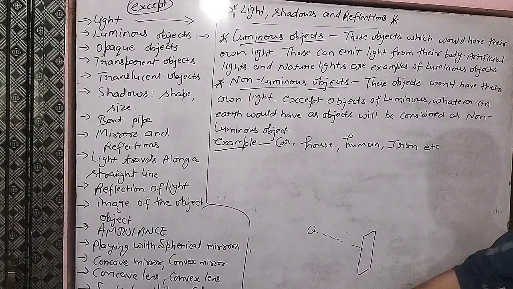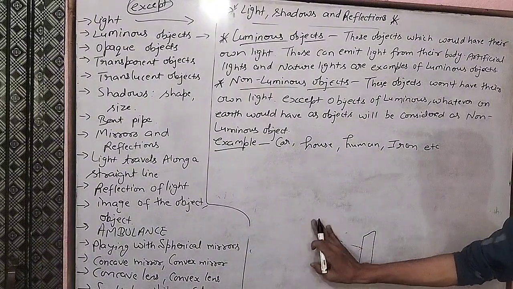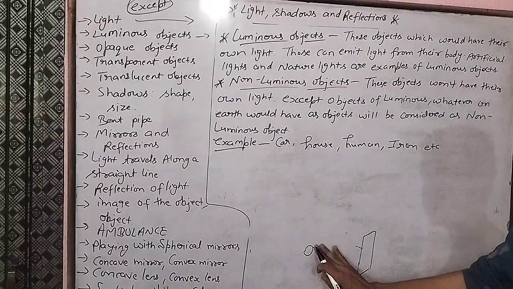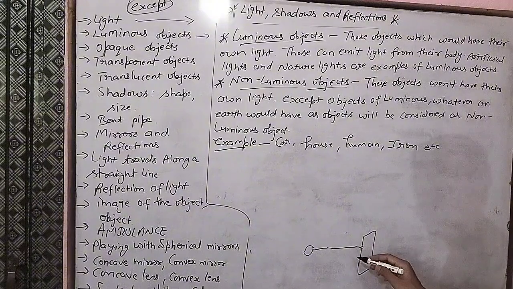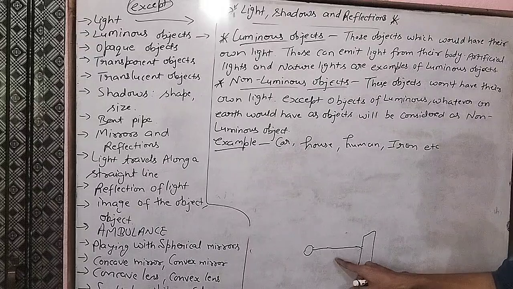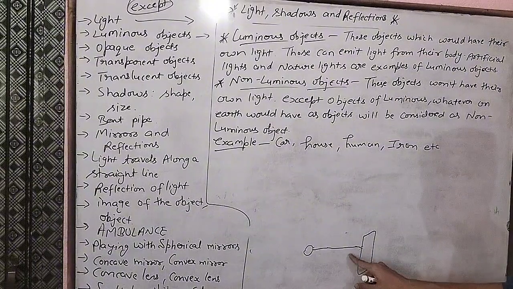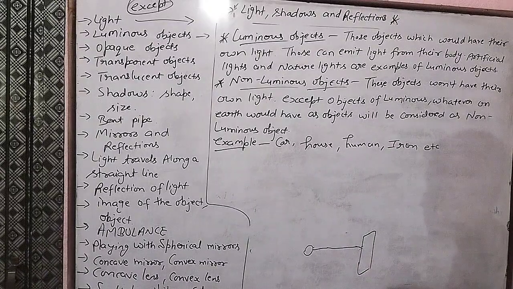Otherwise, this source light is in a straight line. Now, if this light coming from the source light is being blocked by this object, which means it is not allowing this light to pass through this object, so light is being blocked by the object.